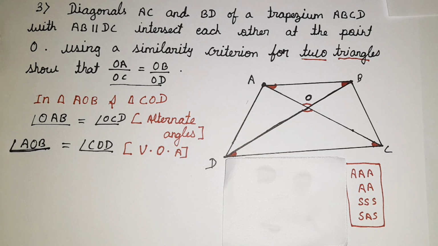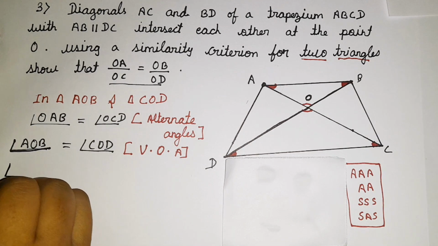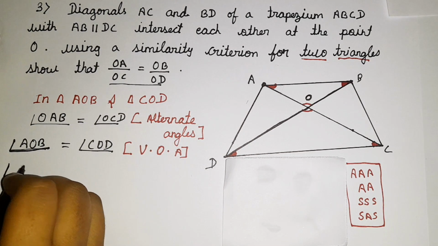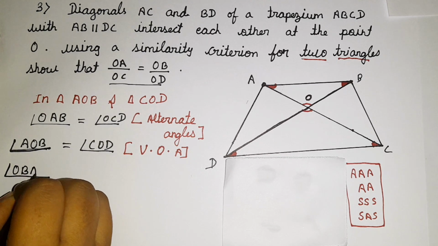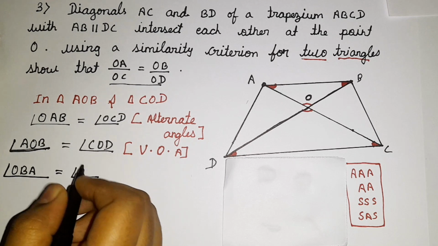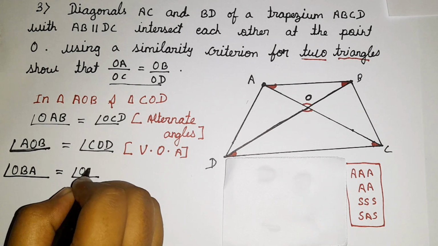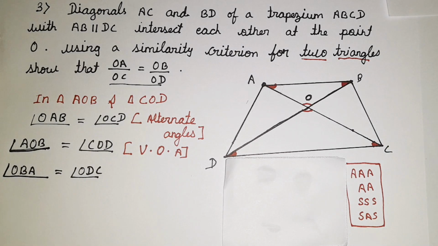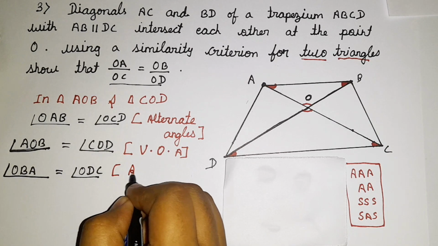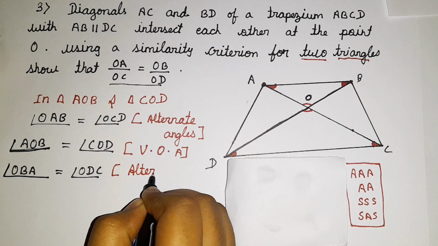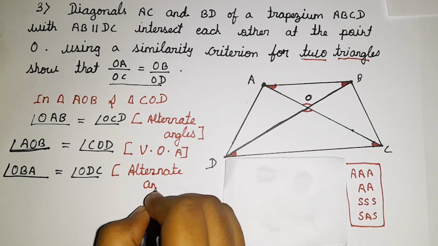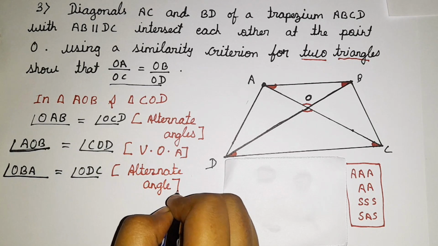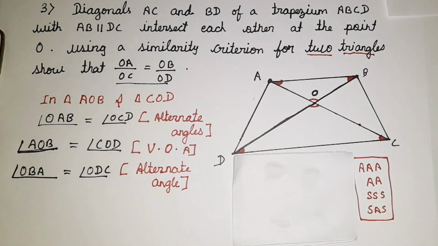So I can write angle OBA is equal to angle ODC, because alternate angles. Okay, so now finally I just solved it.